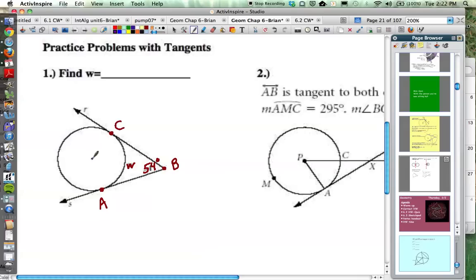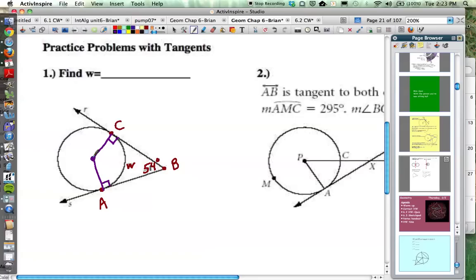And you're just going to have to do your best to kind of eyeball where the center is. So let's call that there. And then let's just freehand sketch a radius out to C and a radius out to A. Now we know from our investigation that these are going to be 90-degree angles. That was one of the conjectures on the front side. A tangent to a circle is perpendicular to the radius drawn to the point of tangency.